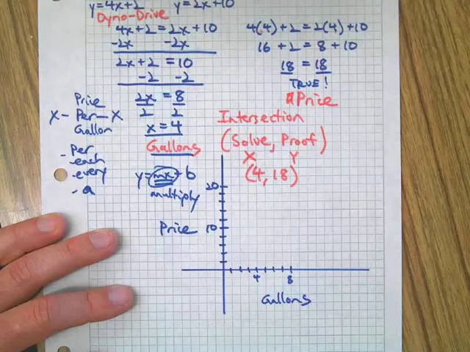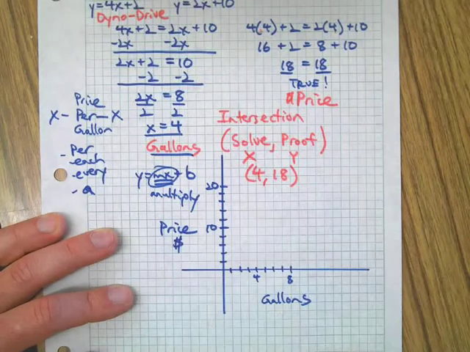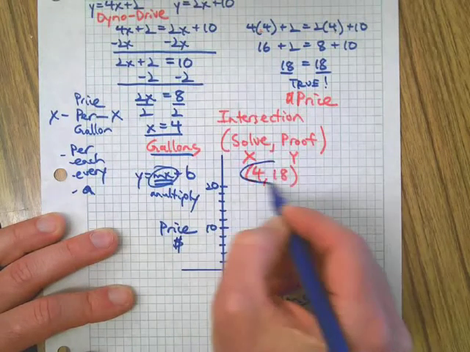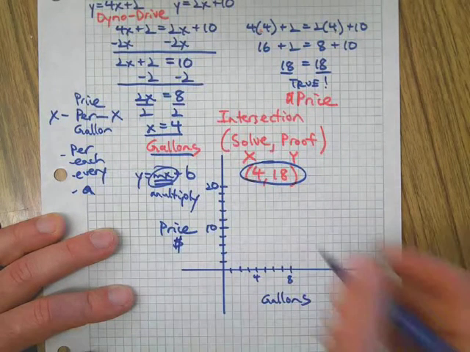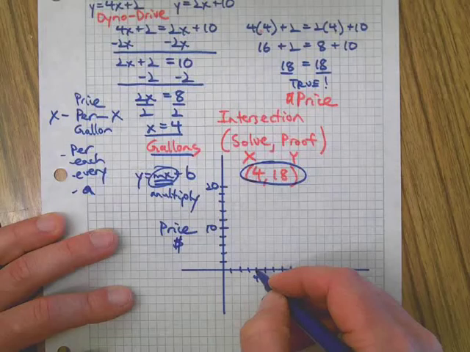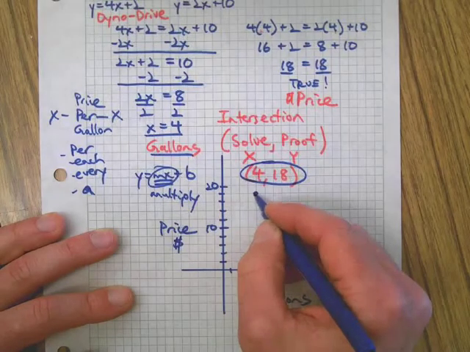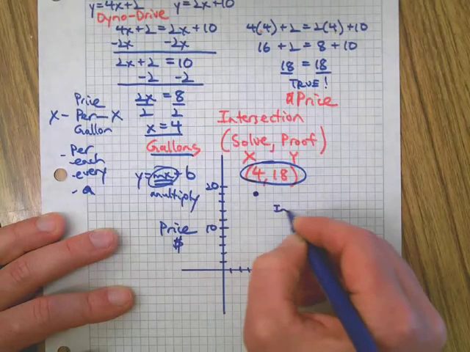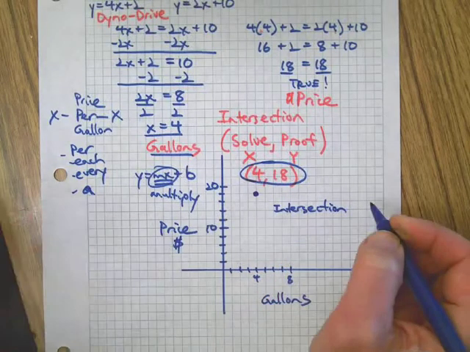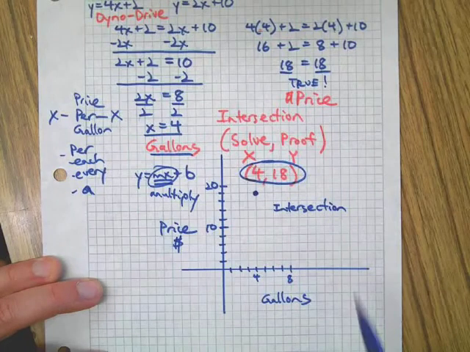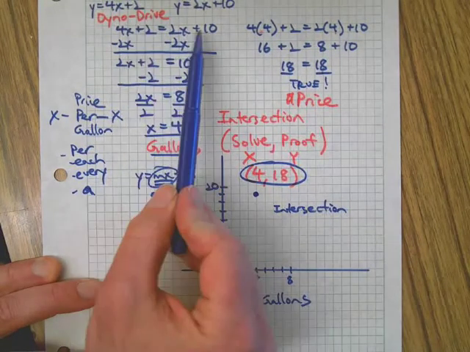There we go. Step 1, there's the intersection. We know that that dot on the graph is going to go with both gas stations. 4, 18. That's the intersection. Might as well just write that word there right now. And what I want you to get with this is when you're reading the story problem, you can already picture the equations.